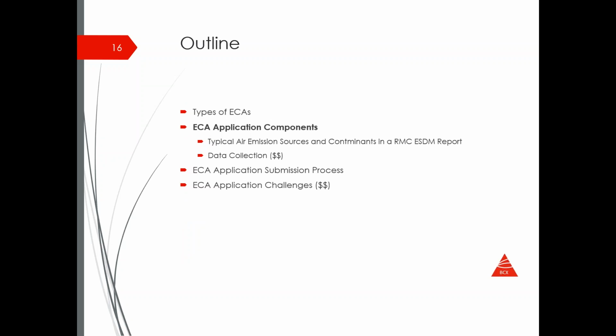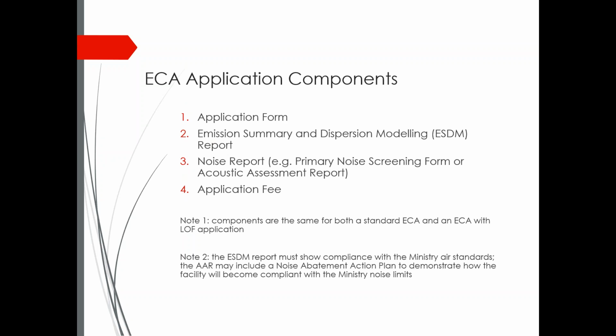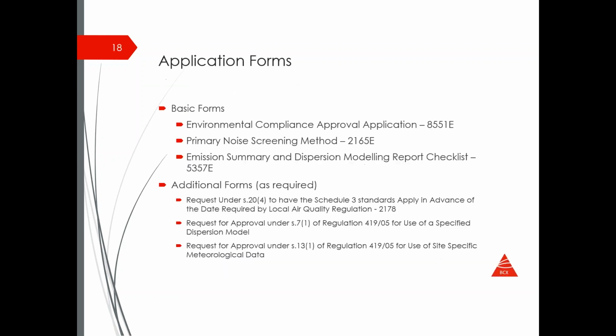Okay, the ECA components. Major components of an ECA are the application form, the emission summary and dispersion modeling report, that's the air report, and the noise report, then the application fee. There are a bunch of forms, like the basic forms such as the application form. There's a primary noise screening form if your facility is far away so that it might not need an acoustic assessment.